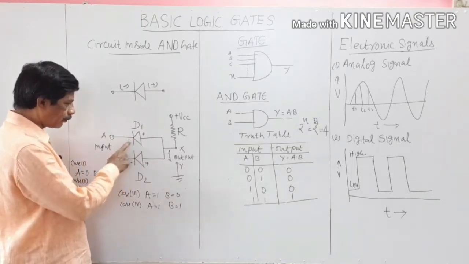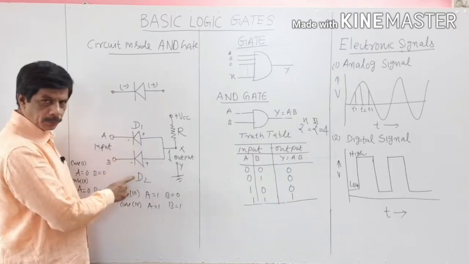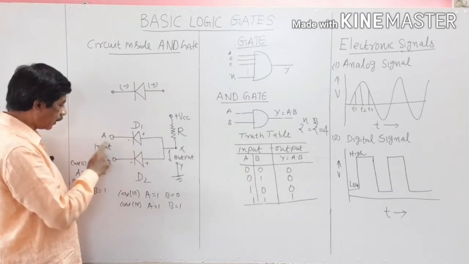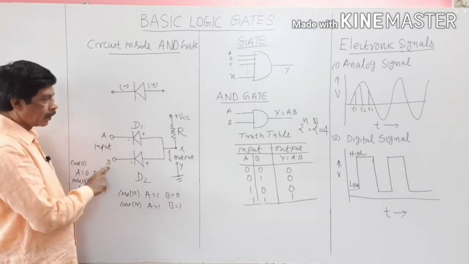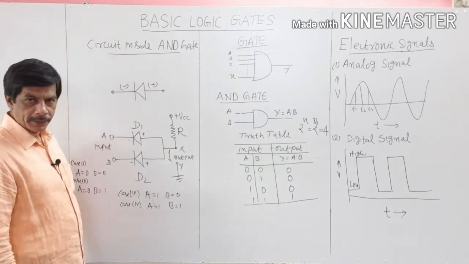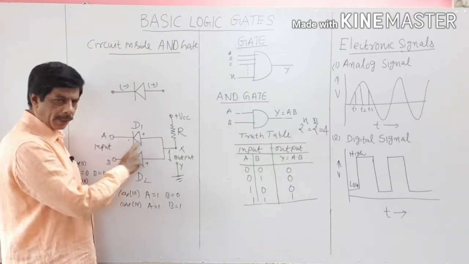The cathodes of diodes D1 and D2 act as separate inputs, capital A and capital B. This is the construction of a two-input AND gate using diodes and a resistor.